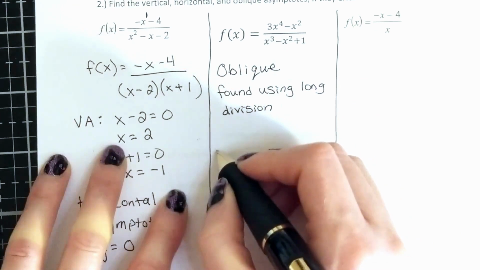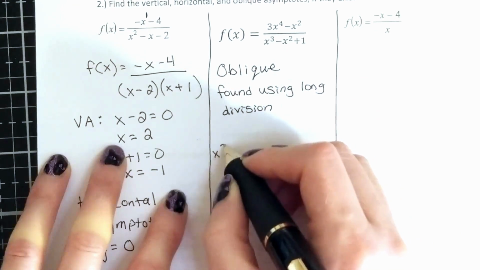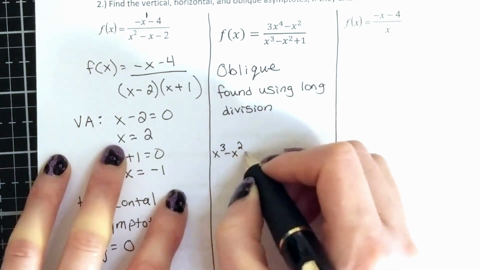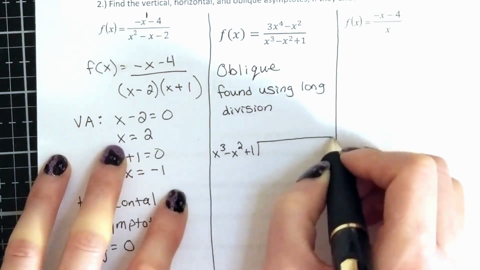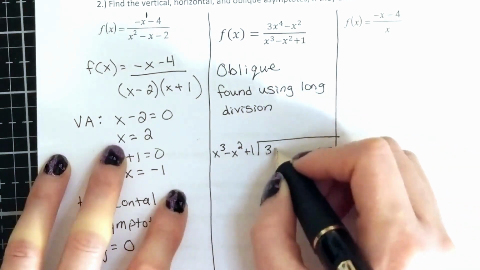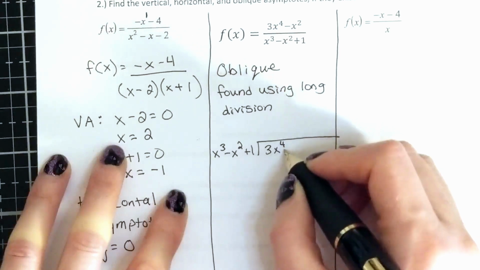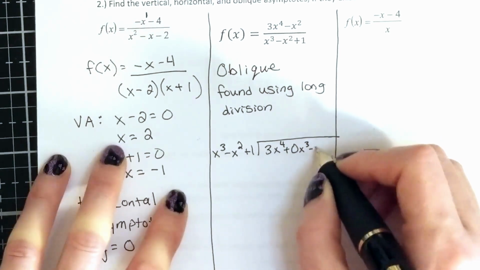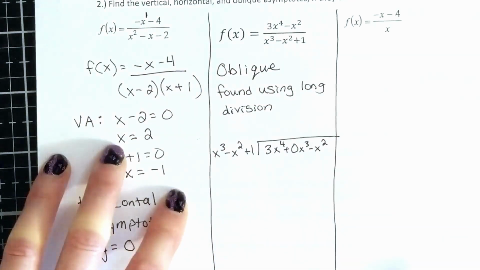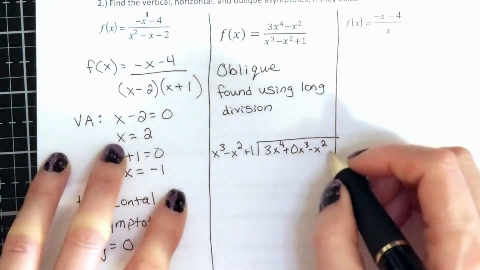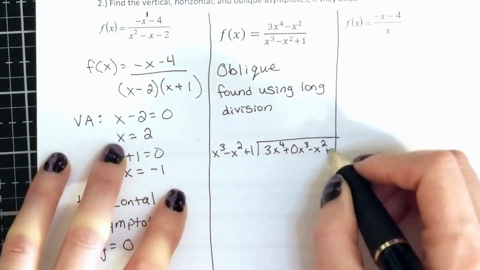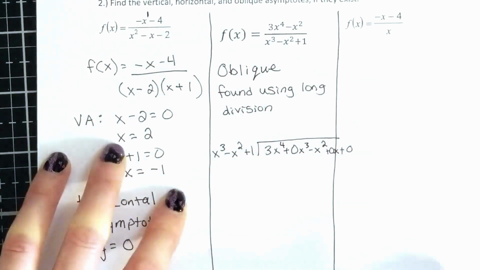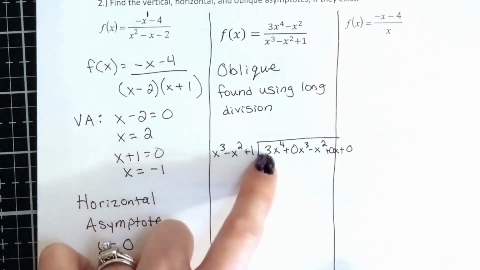Okay, so we have x to the third minus x squared plus 1 on the outside. On the inside, we'll put x to the fourth. I'm going to put zeros in as placeholders. Okay, you can fill out the other placeholders if you need to. All right, so I look at what I need.